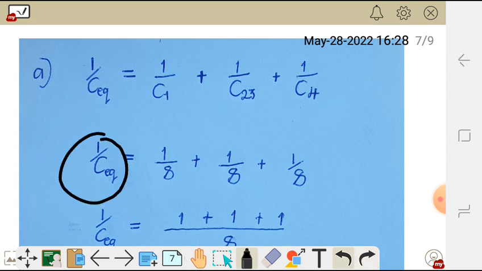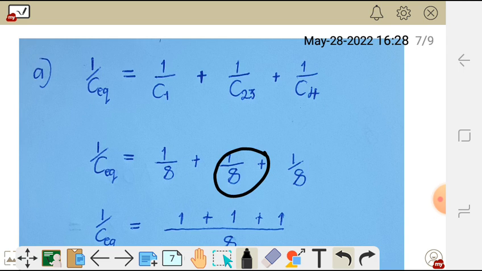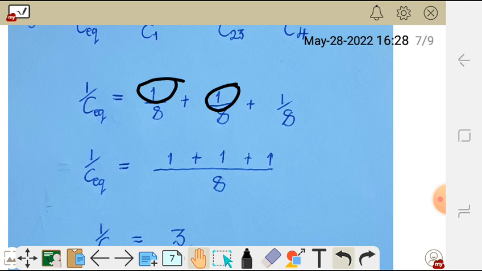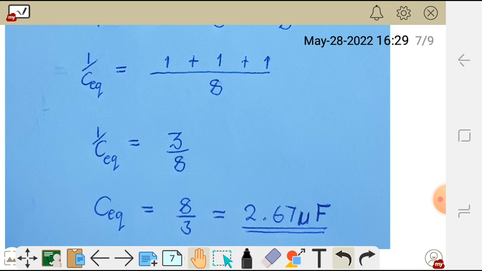So our equivalent capacitor will be equal to 1 over 8, which is C1, plus 1 over 8, plus 1 over 8. Since the denominator is the same, you just add the numerators over 8. So we have 1 plus 1 plus 1, which equals 3 over 8.